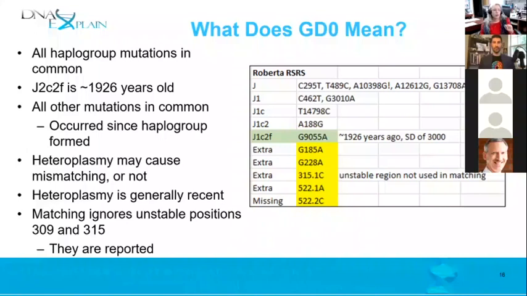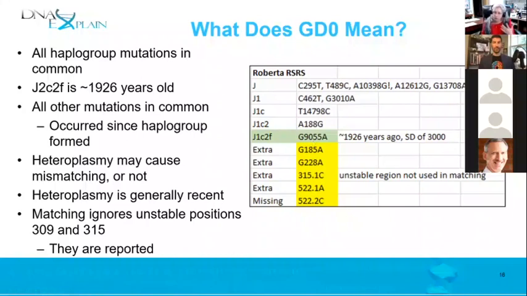I'm only showing from J to J1C2F. So these are the mutations that define each one of these various haplogroups. So you can see the company that gave me J1C probably tested for some subset of these and 14798, but didn't test for 188 or 9055. And that's okay. It's not a criticism.